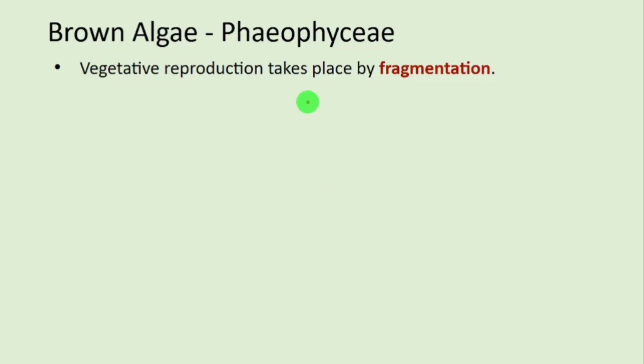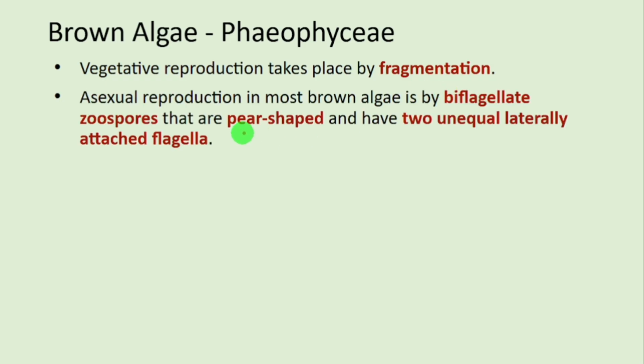Now regarding reproduction, vegetative reproduction takes place by fragmentation. Asexual reproduction in most brown algae is by biflagellate zoospore. So this is typical of brown algae. They are two unequal laterally attached flagella. And the shape is pear-shaped.